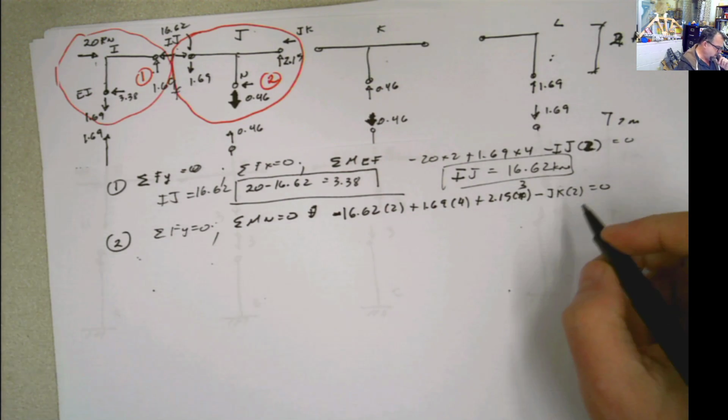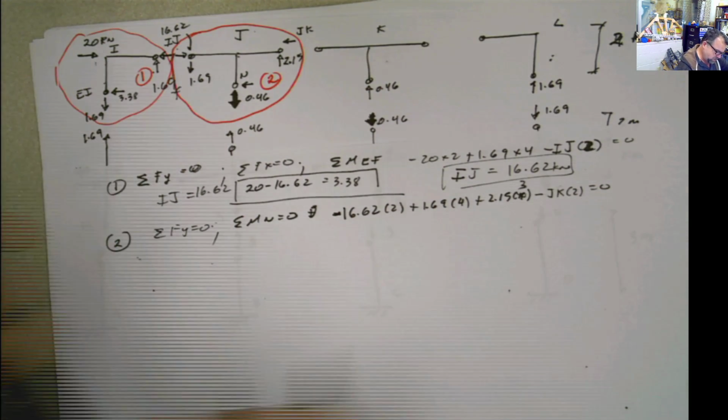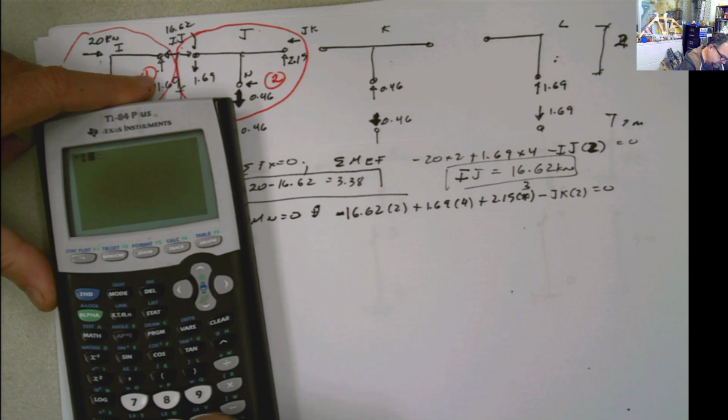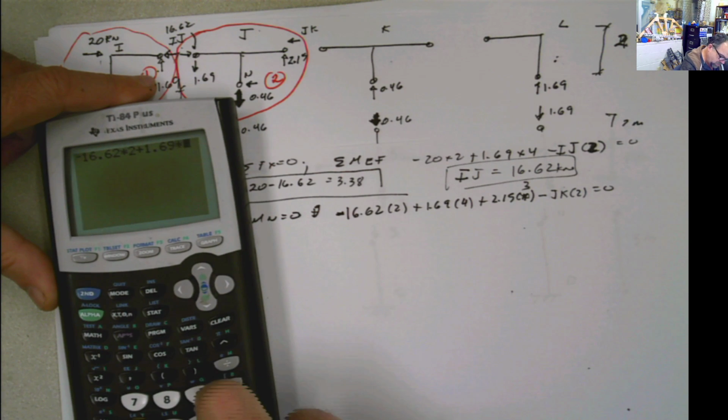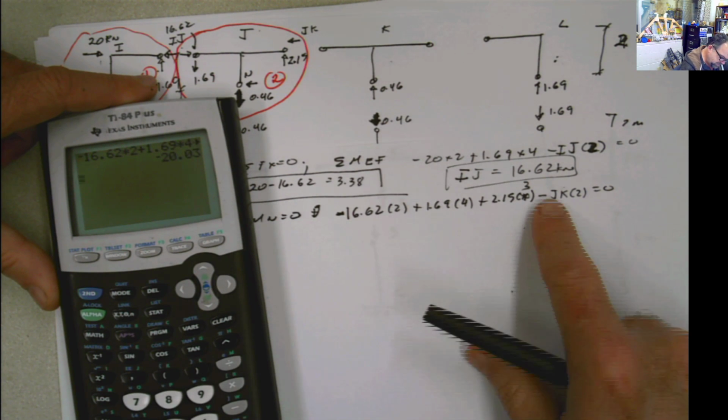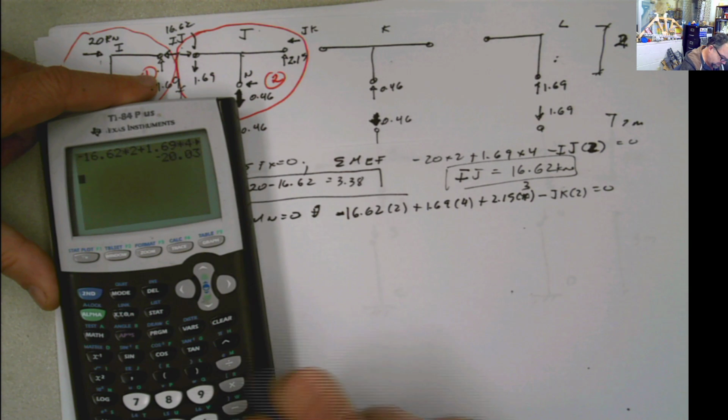And this one here, yes, is going to be times 2. So let's check this out. Negative 16.62 times 2 plus 1.69 times 4 plus 2.15 times 3, pass this to the other side, divided by 2.